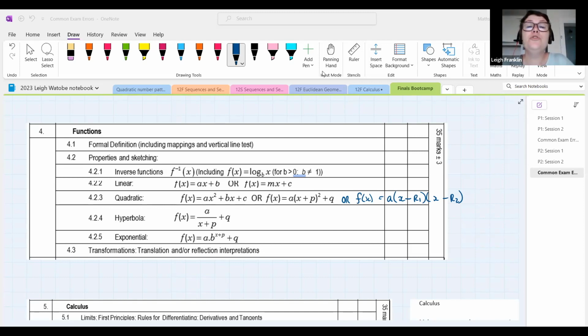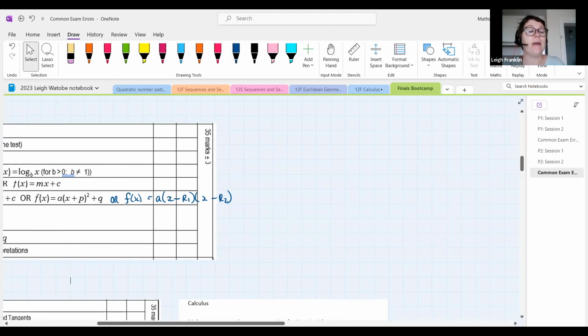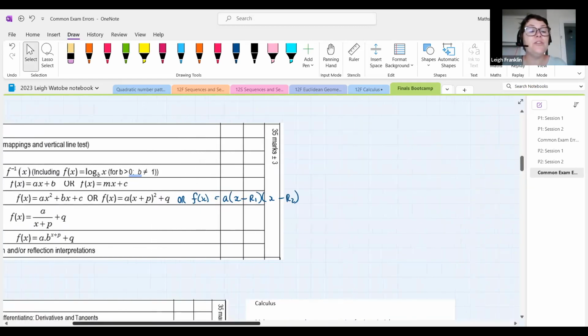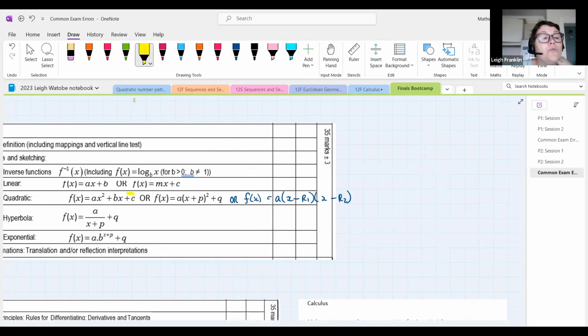Yeah. So Joshua, whether you write X1 and X2 or root 1 and root 2, it really doesn't matter. I'm just bringing this to your attention because when it comes to the parabola, they can either give it to you in standard form, the yellow one over here, or they can give it to us in turning point form. And this one at the end, the blue one, doesn't actually have a name.